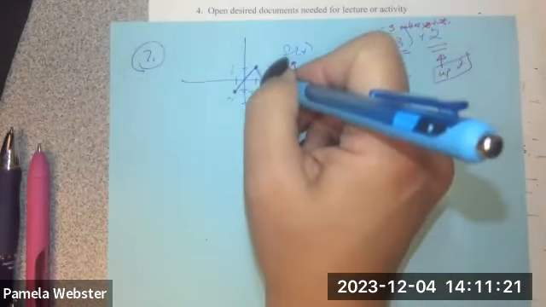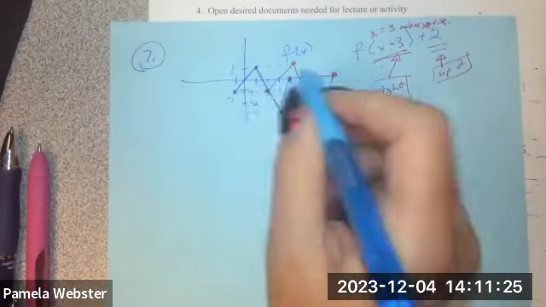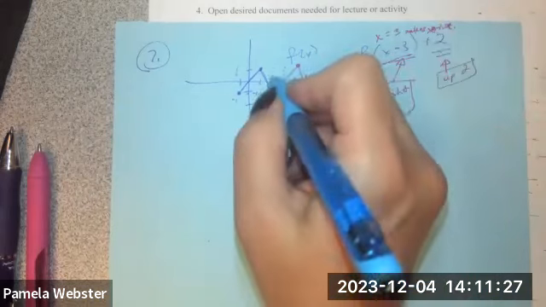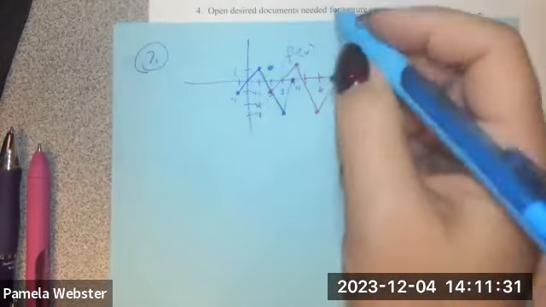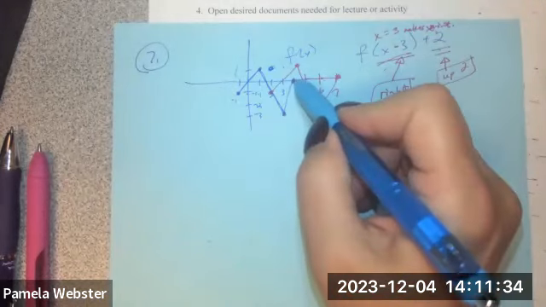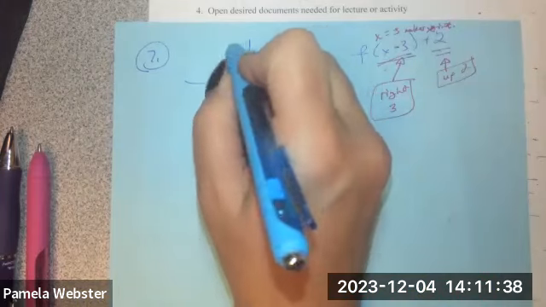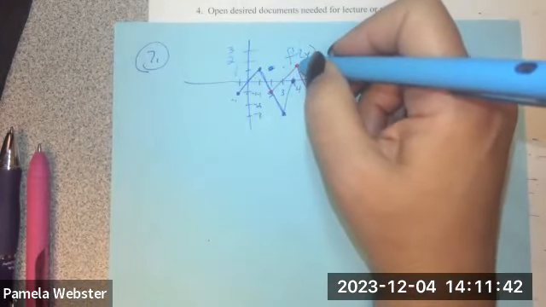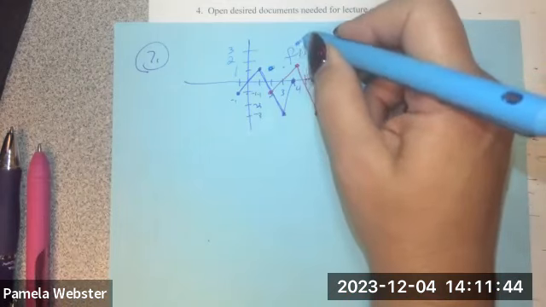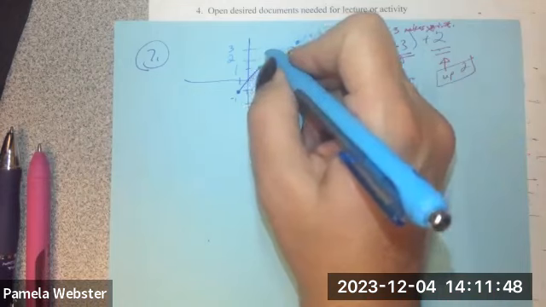This is the point (2, −1), but I'm going to go up 2, so it's going to shift up here. This is now the point (4, 1), but again, I'm going to go up 2. So instead of (4, 1), it's going to be (4, 3). I might ask for points on this test.